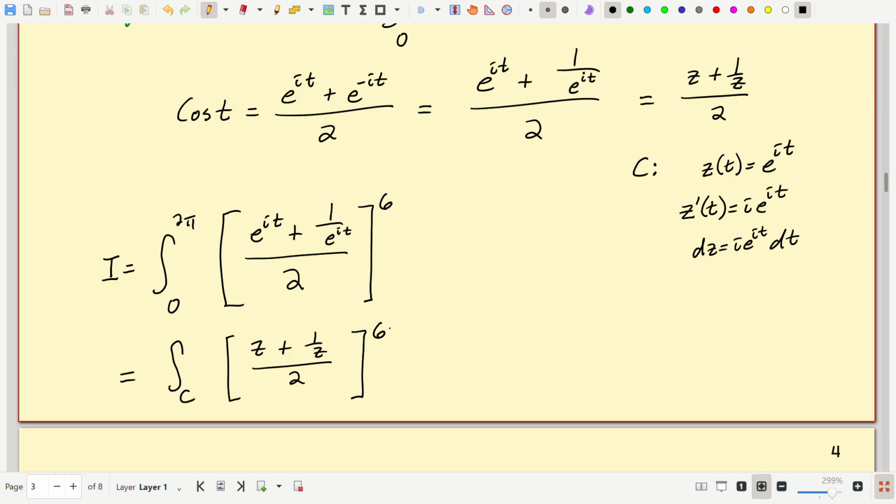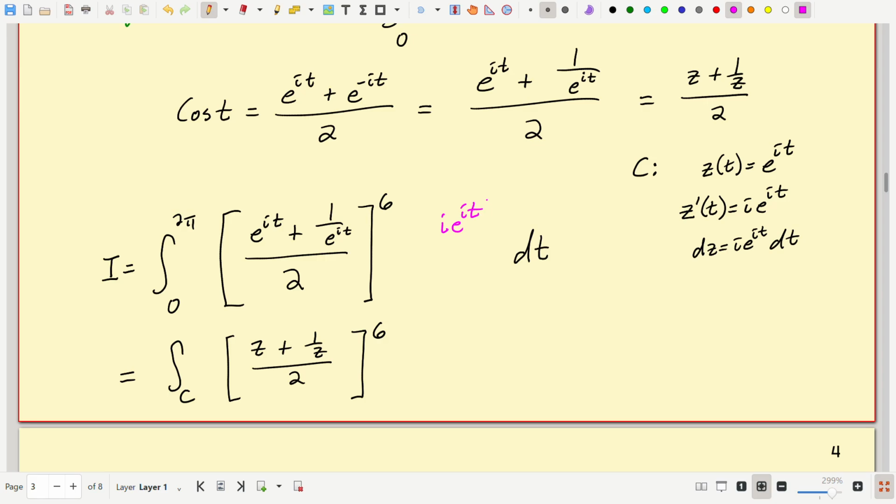And what I have there is a dt. I wish I had a dz or something like a dz. So the brilliant idea is, what do I wish I had here? I wish I had e to the it.